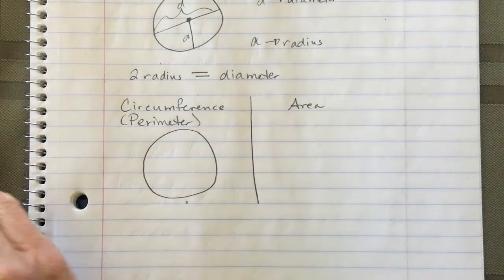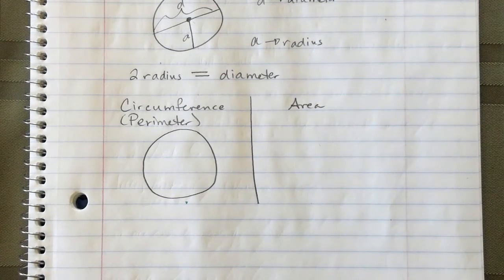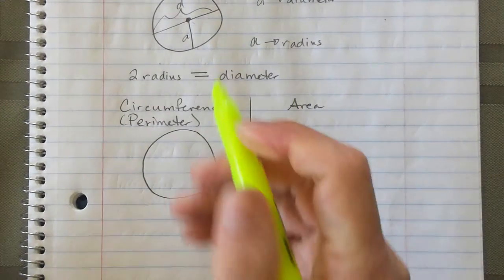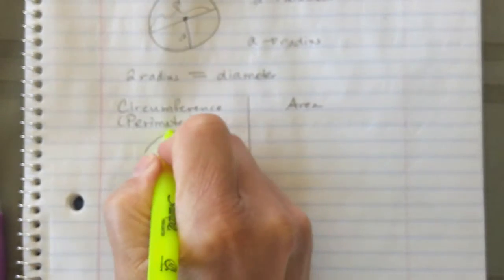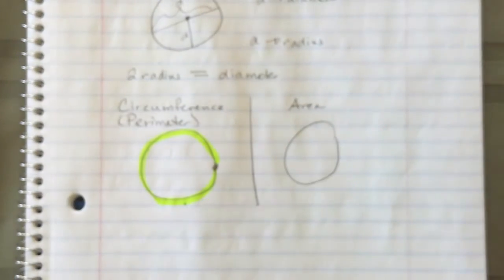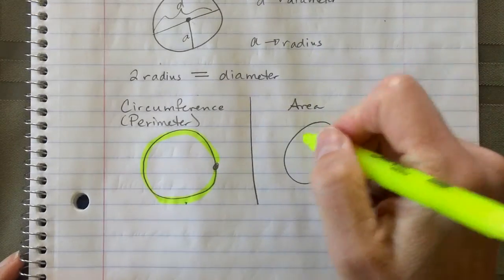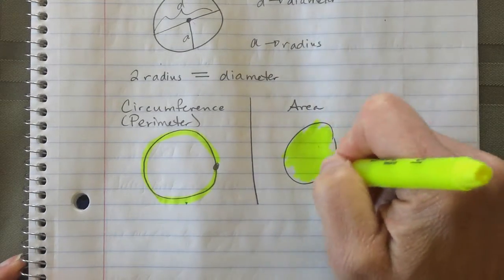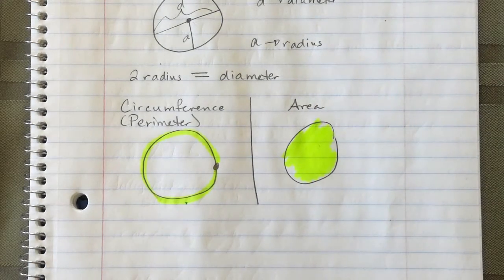And so that is the walking distance around the circle. So if I start here and I walk this direction, that's the concept of perimeter or circumference. And I know it's fuzzy, it'll get better. Area, oh, that's a bad circle. Maybe it's good you can't see it very well. Area is going to be the space inside.